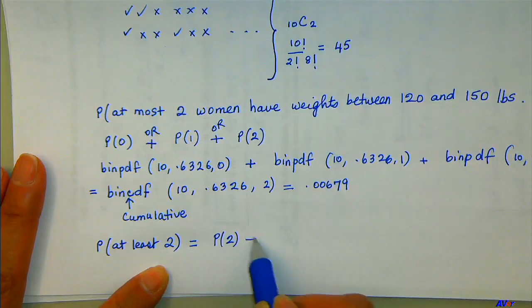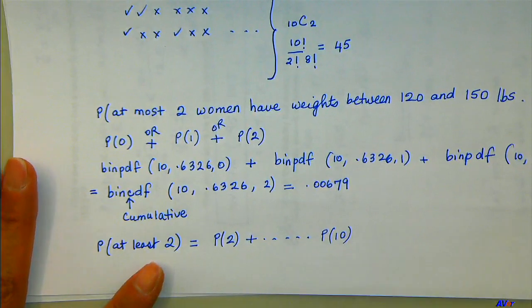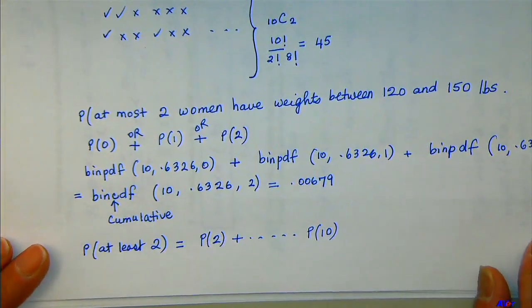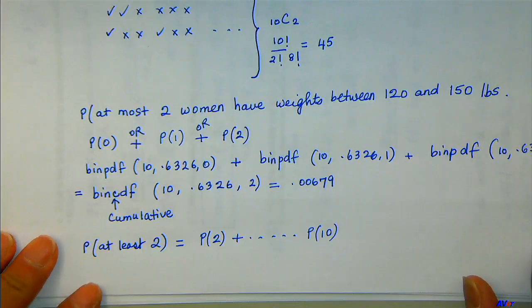Right, 2 all the way to 10. So I could do all these 9 of them, binomial PDFs, which is a waste of time, right?